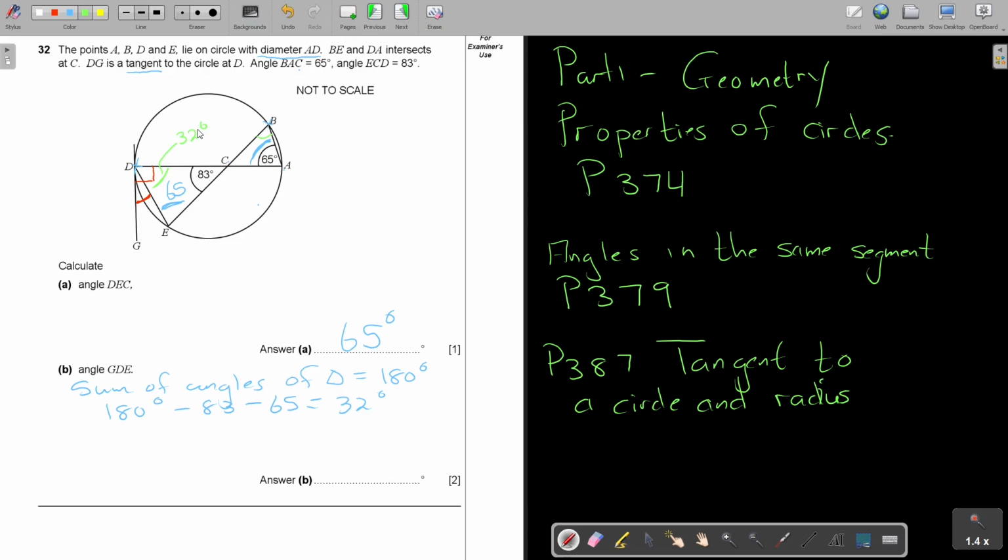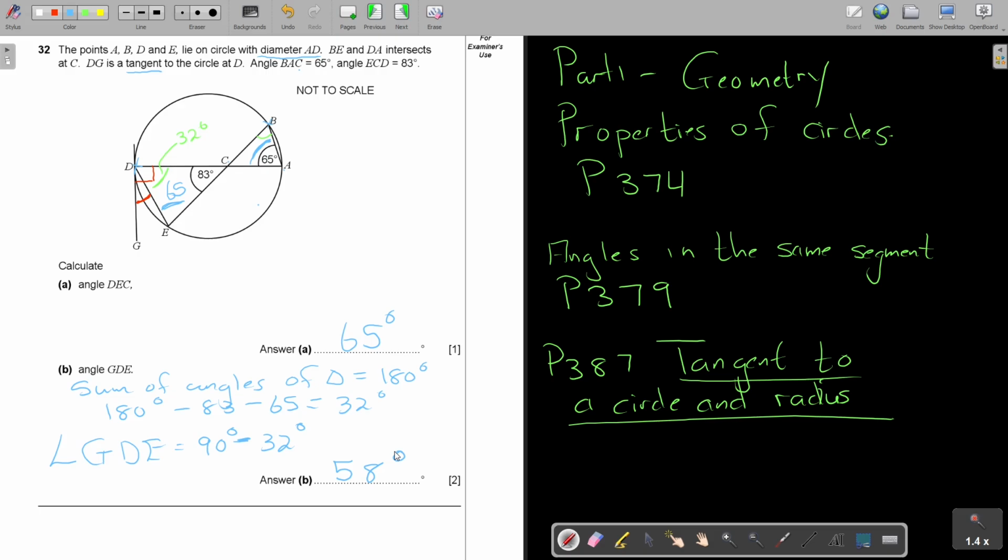And now, with the tangent of a circle, I can find angle GDE. That's going to be 90 degrees minus 32 degrees, which gives me an answer of 58 degrees. And that is how I do this question.